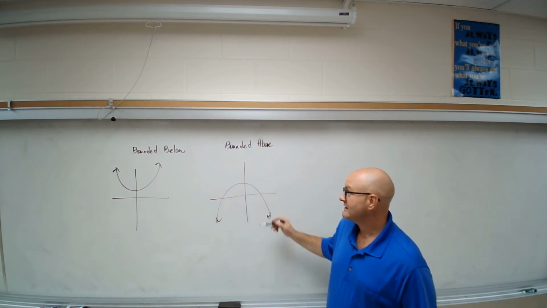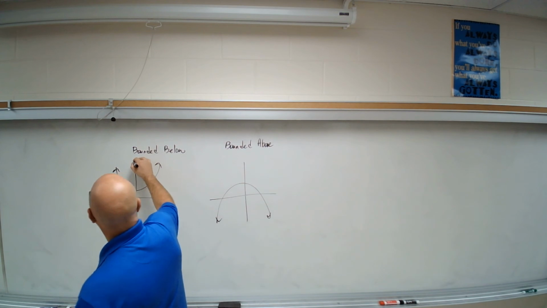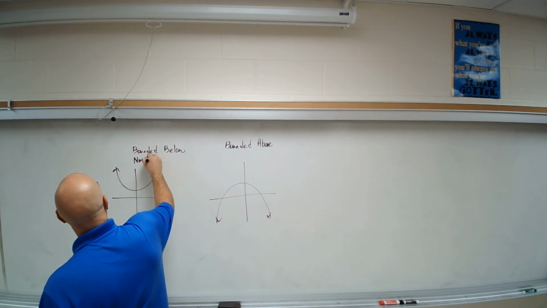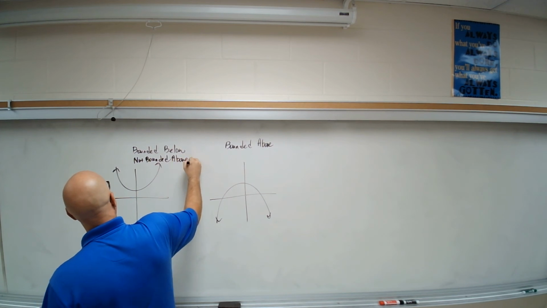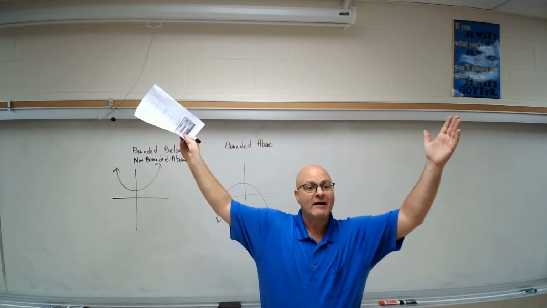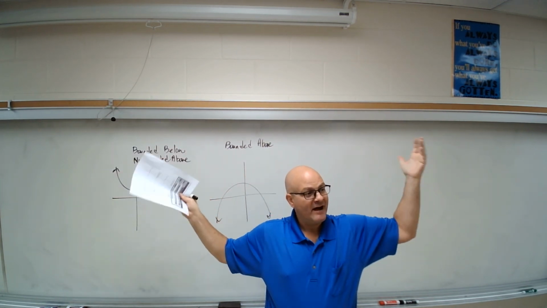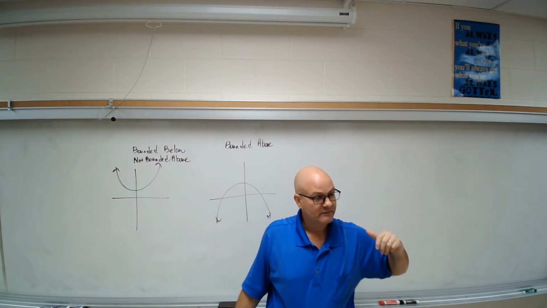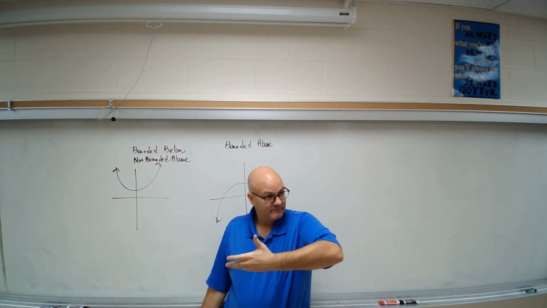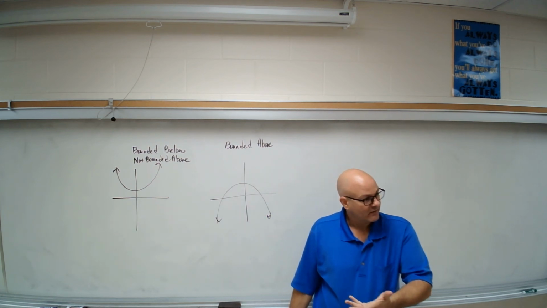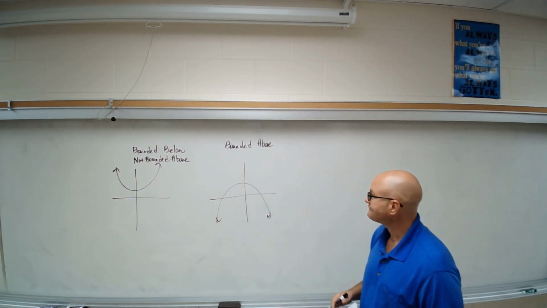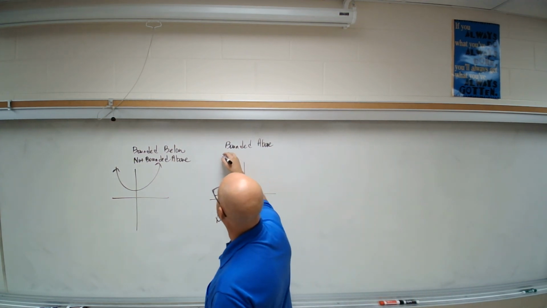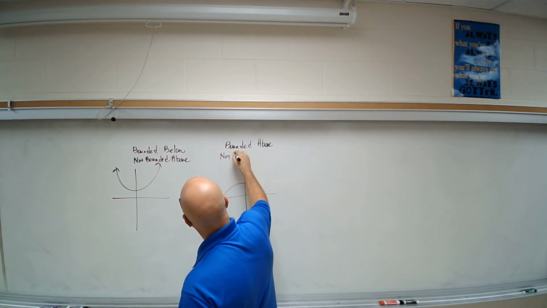So the first is bounded below, not bounded above. Does that make sense? Because it goes up forever, so there's no y value that's going to be higher than everything on there. But there is a b value that's lower than everything on there. There is a lowest, basically. There is a minimum, like an absolute minimum. This one's bounded above, not bounded below.